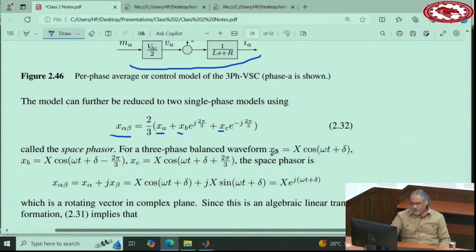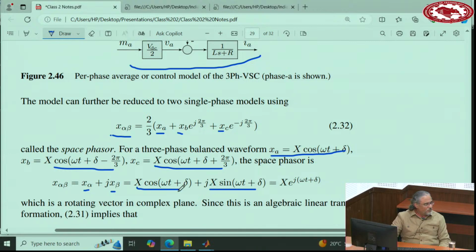So for instance, if XA is this one, XB is this one, 120 degrees behind, and XC is this one, which we have in power systems, then X alpha beta, which is X alpha plus j X beta, just put these three into this equation as a little exercise, and then you will see that it becomes this plus this. So the alpha component becomes cosine, and the beta component becomes sine of the same argument. So the beta component is 90 degrees behind the alpha component.